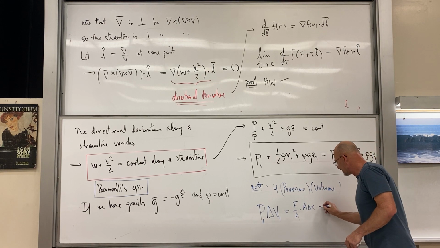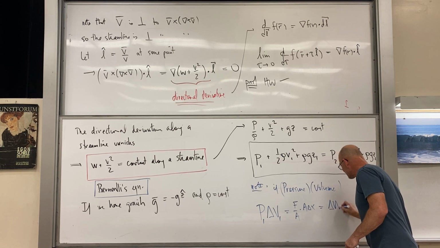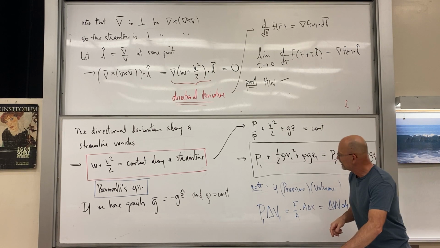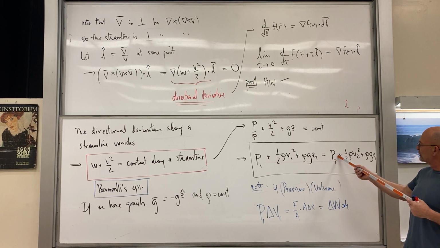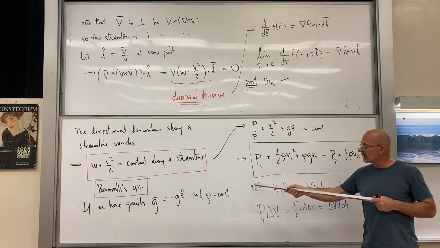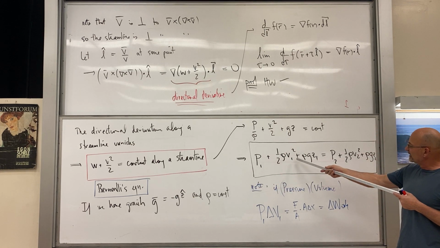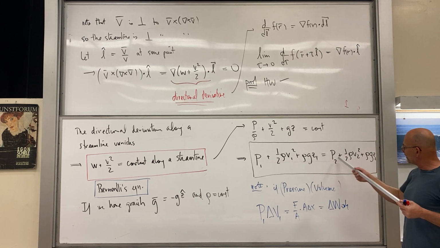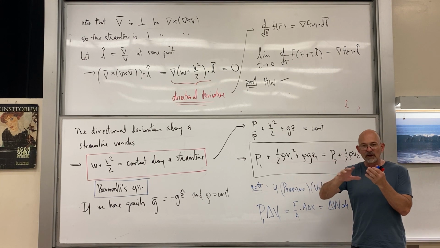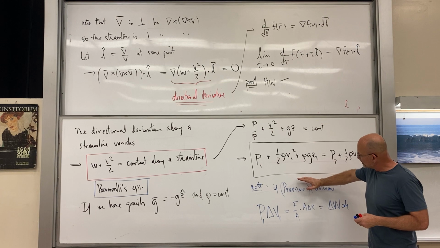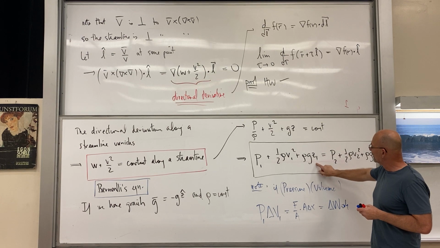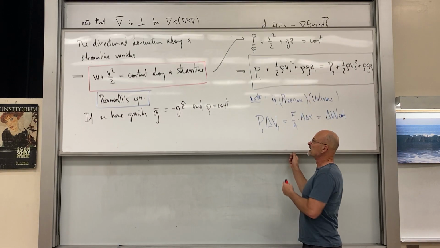F delta X is a delta W. And you do that on each of these two pressures. Bring it to one side, that's the difference in the work along a streamline. And then these would be the differences in the kinetic plus potential energy. So it's the difference in the total energy of a fluid element along a streamline, which is how the derivation comes in your Physics 4A book to get this equation here. But we're just going to work with this now, a couple examples.